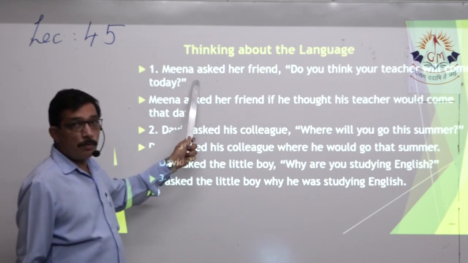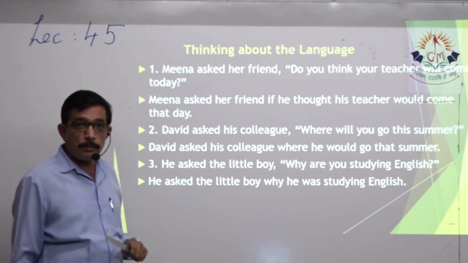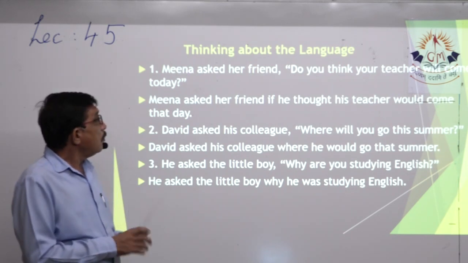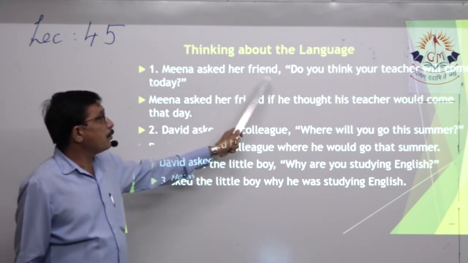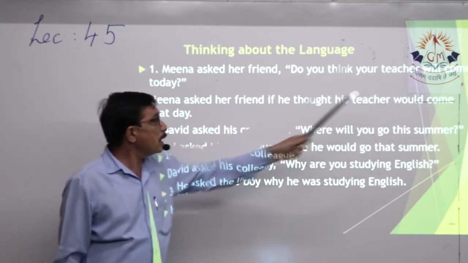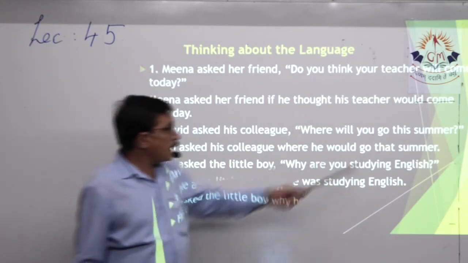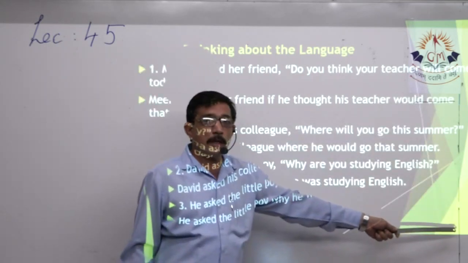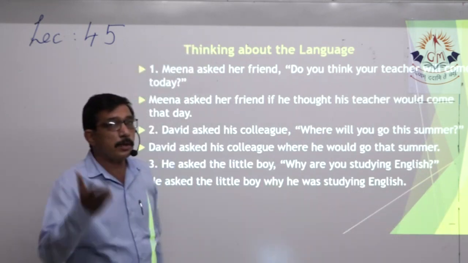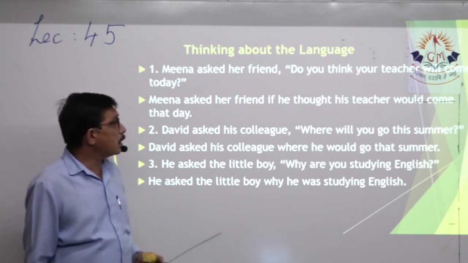The question is given, that is in your book. The answer is written over here. Meena asked her friend, two people are there, do you think your teacher will come today? This last part, one or two alphabets may be going out of the screen, but it is in your book, so not an issue.